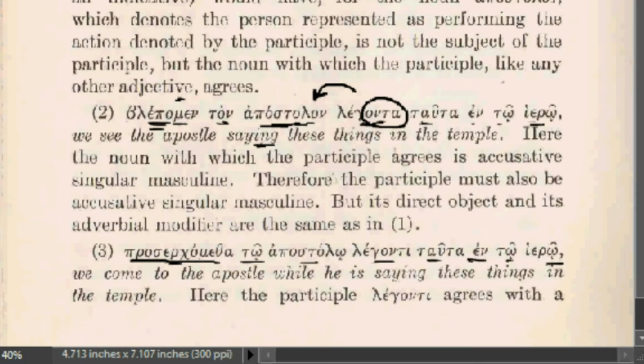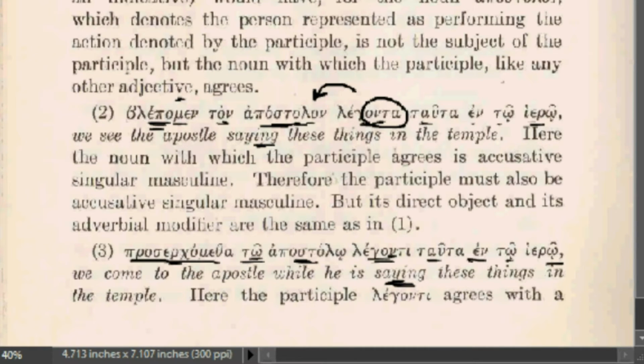This is the first person plural, so we come to. Notice it takes the dative, and not surprisingly, to apostolo is in the dative. So we come to the apostle, and then I have legonti. Again, I add -ing, saying tauta, these things in the temple.